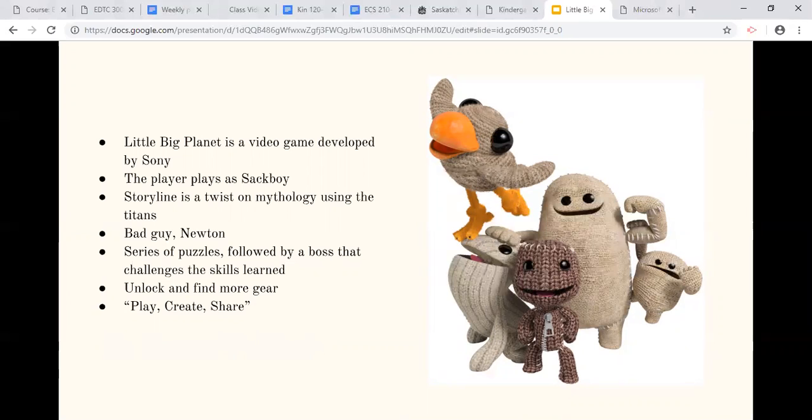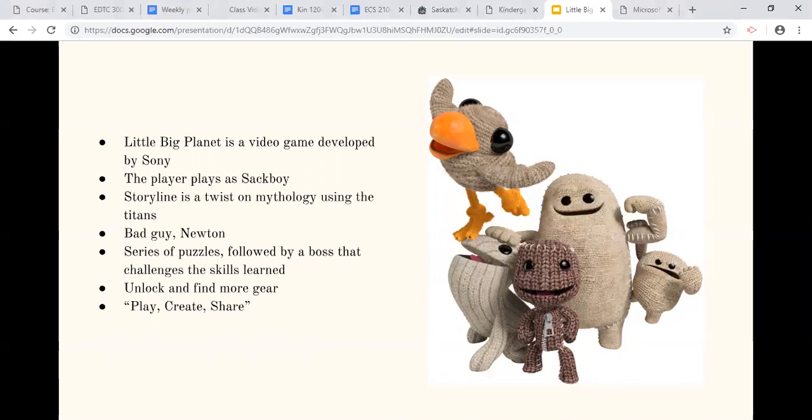Since they've broken out before and sucked all the creativity and inspiration from the planet, Newton wants to break into this house so he can free the Titans. At the end of beating this house, you meet the owner of the house, and she essentially tells you that what Newton's doing is wrong, and Newton wants to do this for his own benefit, not for anybody else. So he's the bad guy.